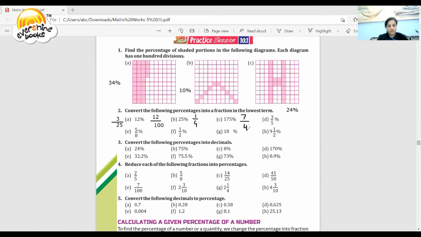When we want to divide, we have to multiply. So the answer will come here. 3 upon 5 into 1 upon 100 is 3 upon 500. So this is the fraction of percentage. Every time you have to multiply and divide with 100 only. So 5 upon 8 into 1 upon 100 is 1 upon 160.